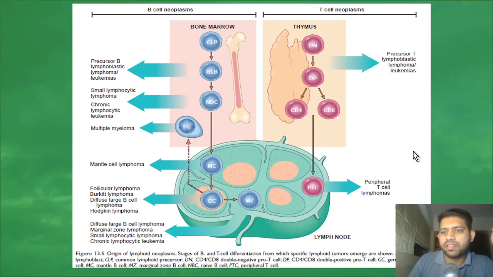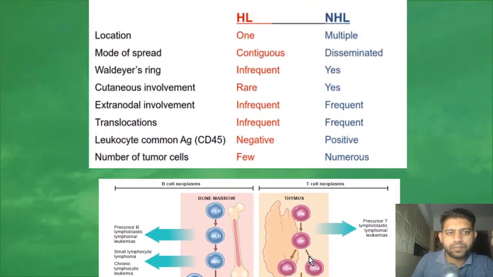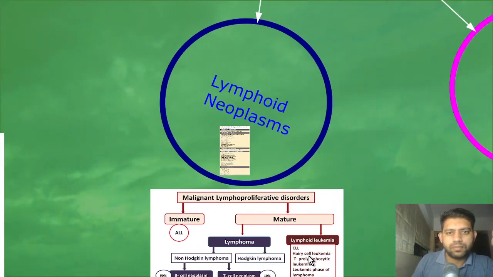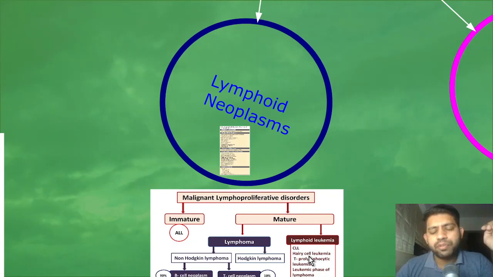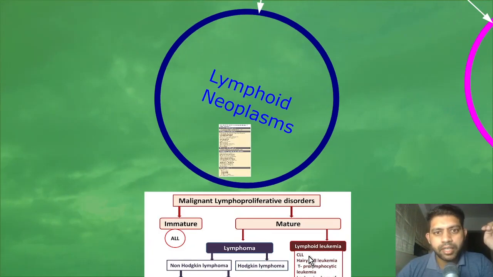This is T-ALL itself, and then peripheral lymphomas. I guess you got an overview about lymphomas. When we go into each of these lymphomas, you'll get a better idea.